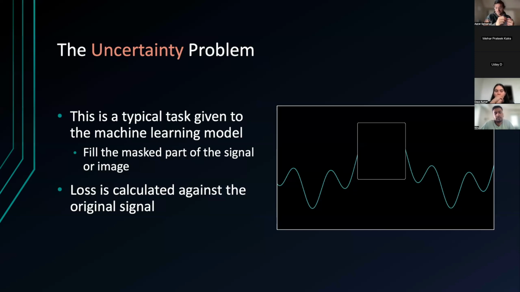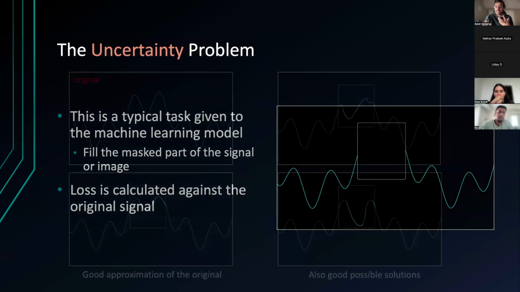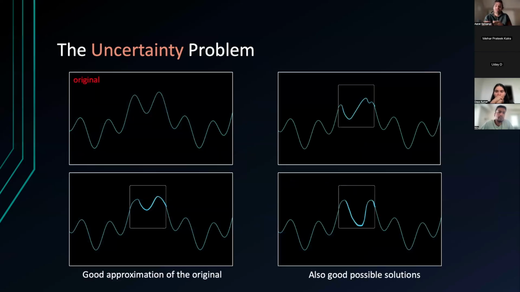You tell the model, okay, this is the y and this is the x, and can you fill in between and get this comparable to y in some sense. So the model actually learns the original thing, but there are different ways to connect the same thing, right?